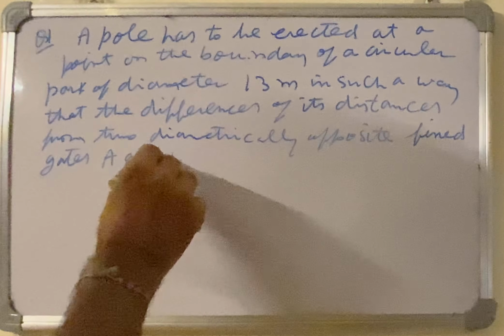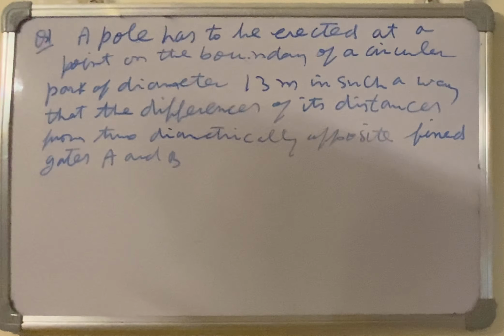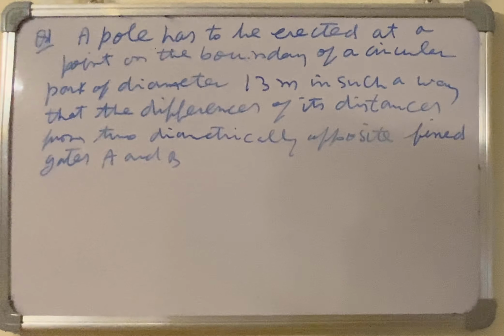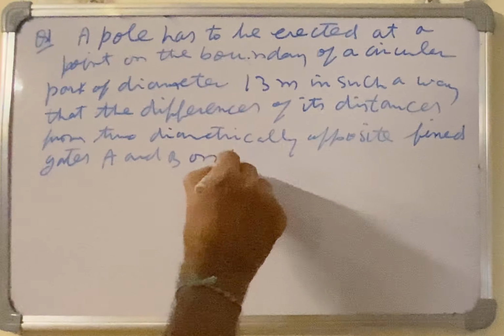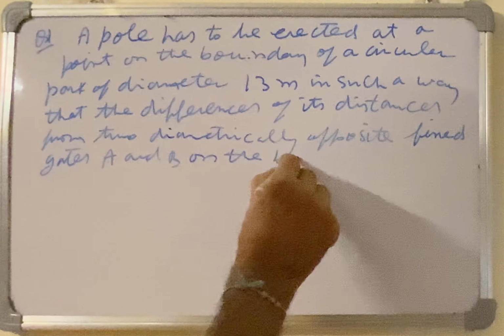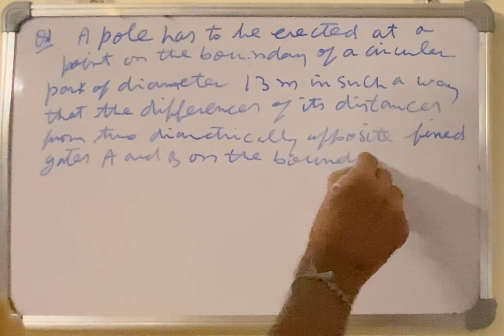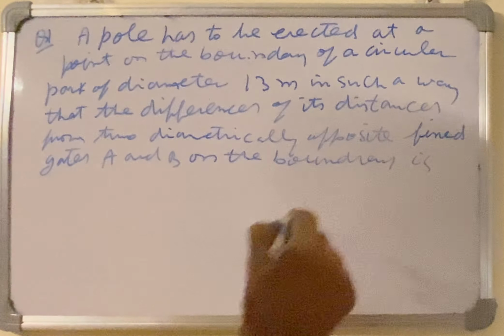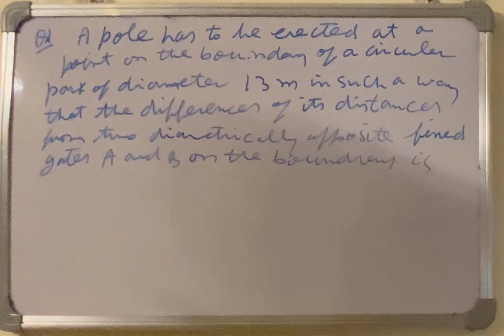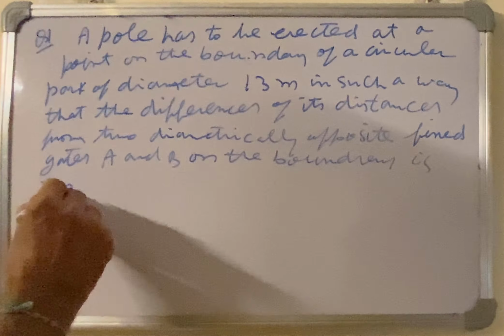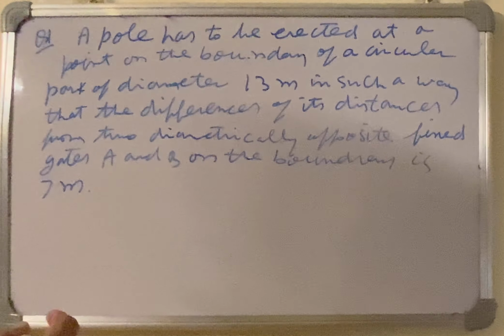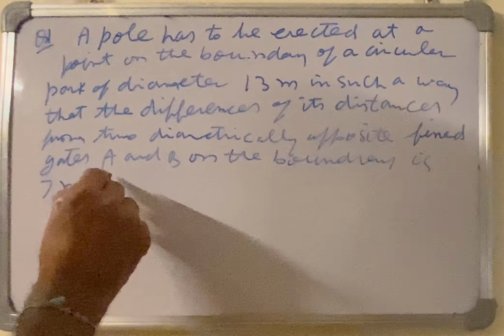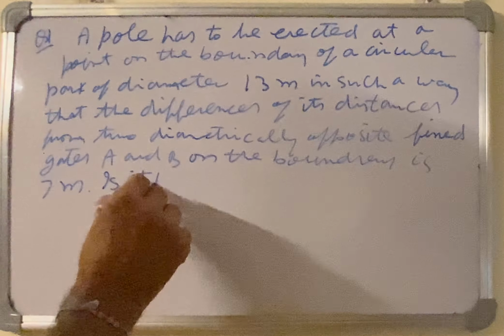A and B on the boundary is 7 meter. Is it possible to do so?